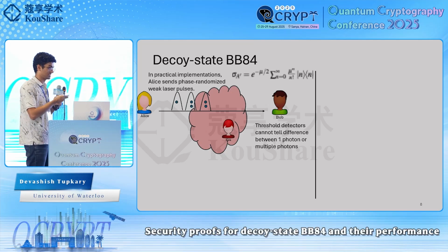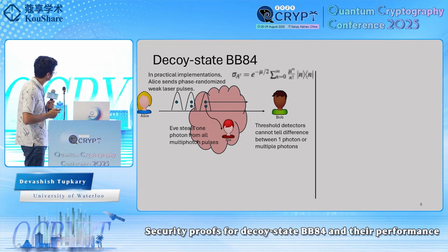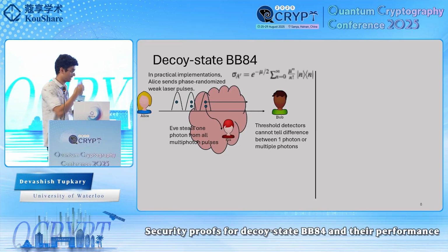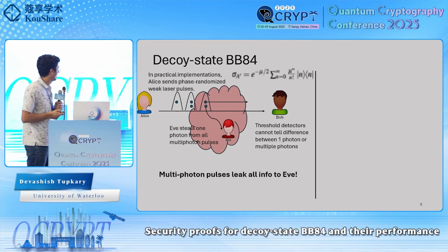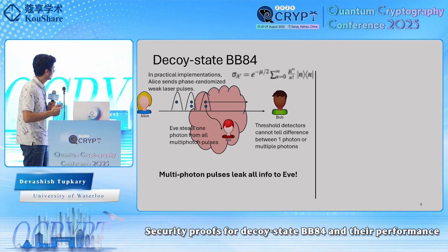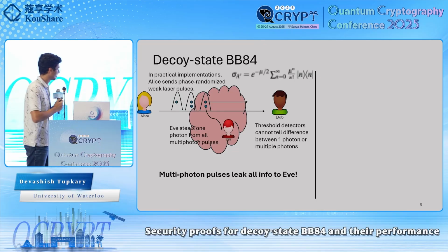So Eve has the following attack, where she could steal 1 photon from all multi-photon pulses that get sent out. And she can wait for public announcement. She can wait until Alice announces her bases, etc. And she basically knows exactly what Alice intended to send. Right? What this means is multi-photon pulses leak all information to Eve.